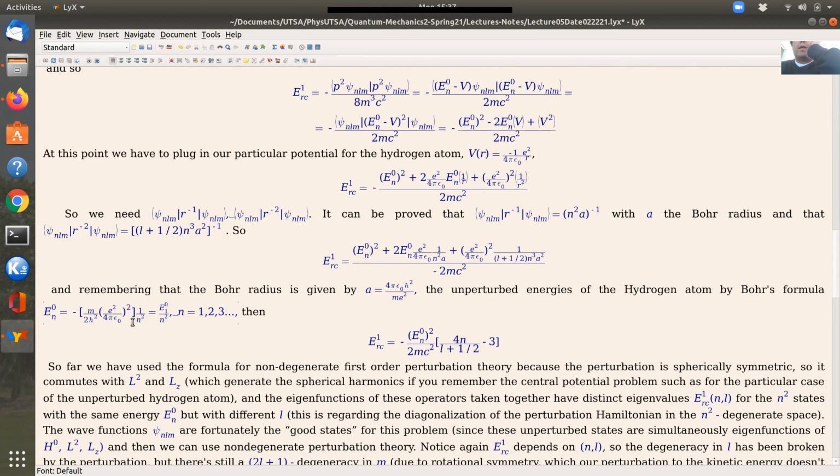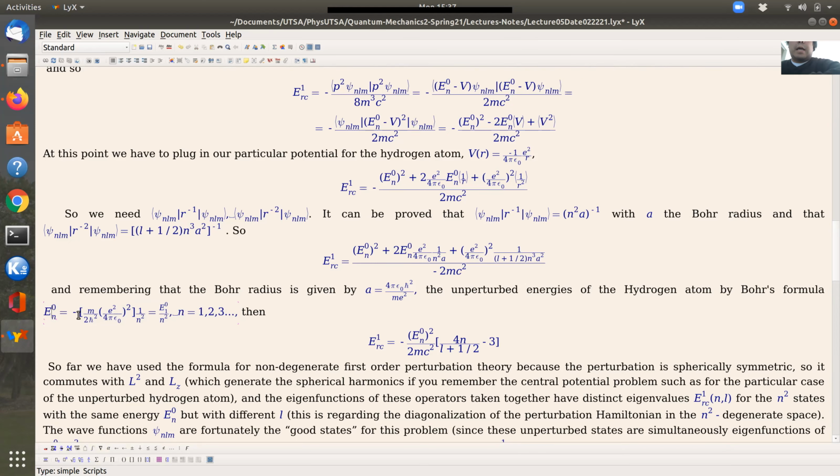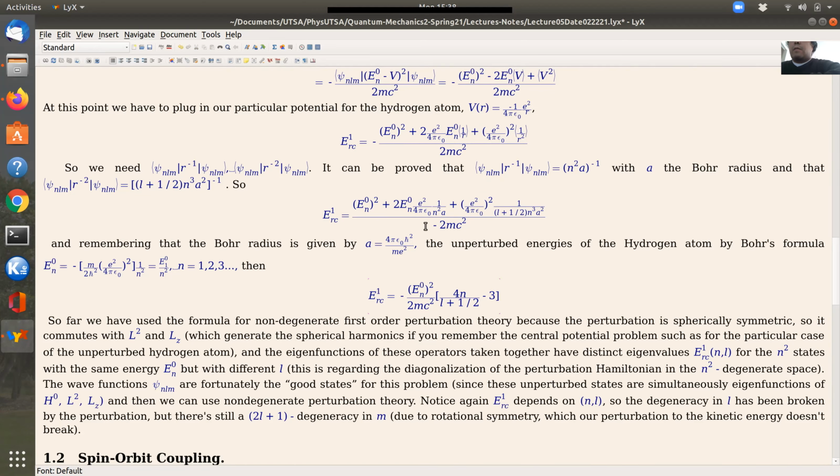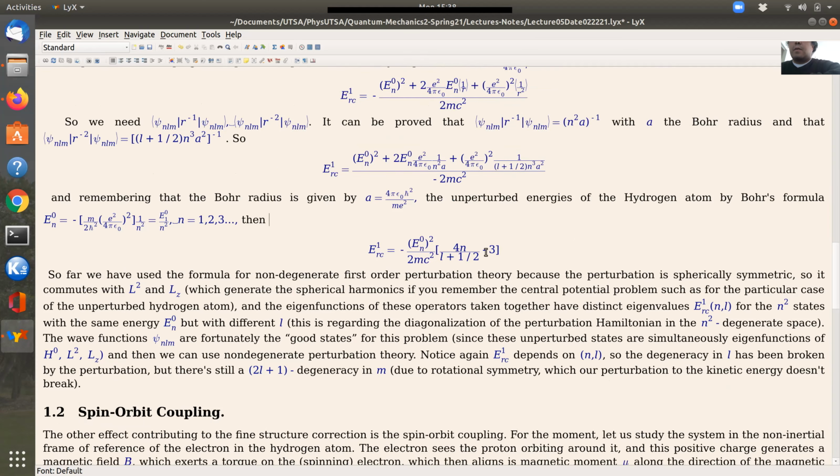So if we plug in all these results, in this factorization, of course, this is showing the 1 over n squared dependence on the hydrogen atom energies. This is basically the energy for the case n equal 1, which would be the ground state of hydrogen. And then once you plug it in, you can reduce this formula into this. Of course, there will be some cancellation coming up and so on.